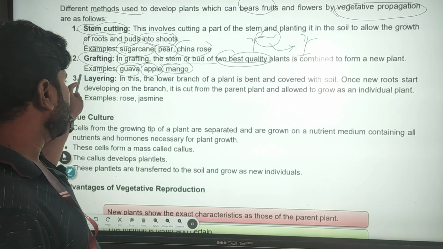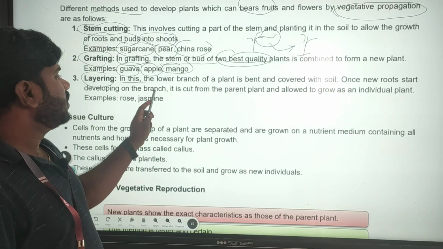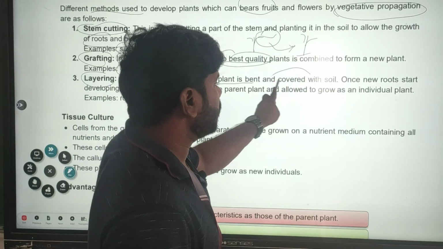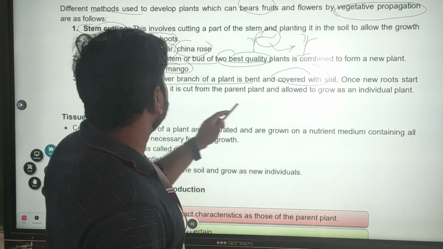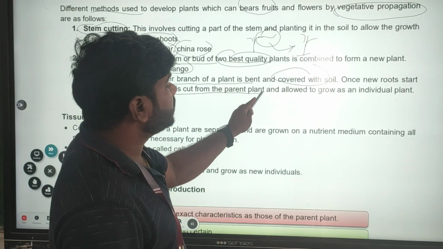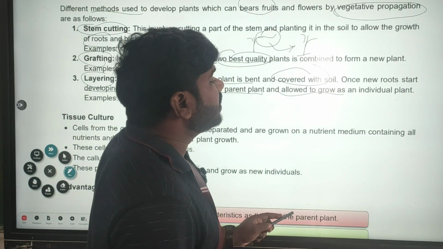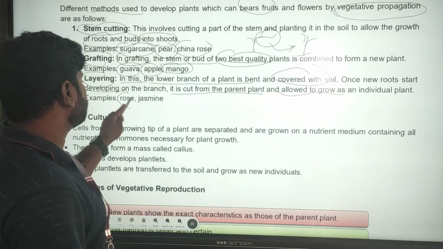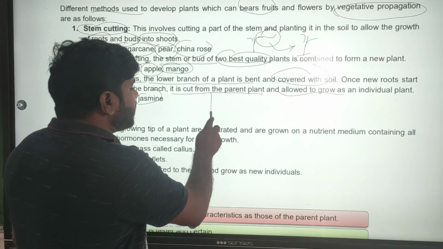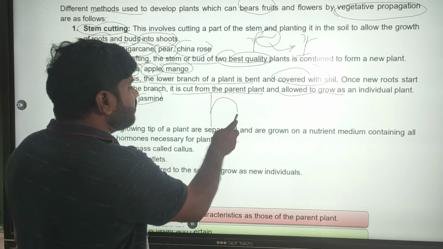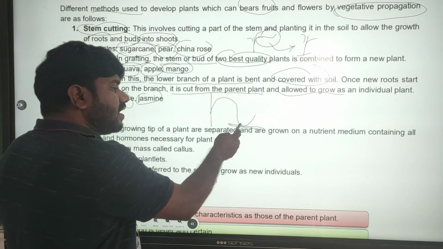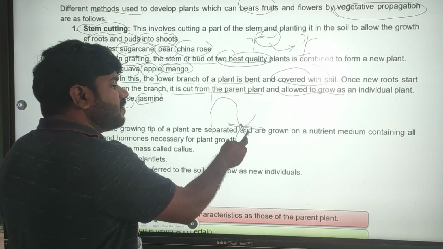Okay. Next, layering method. In this method, the lower branch of the plant is bent and covered with the soil. Once new roots start forming on the branch, it is cut out from the parent plant and allowed to grow as an individual plant, example rose plant, jasmine plant. So in this process, suppose this is the jasmine plant, this jasmine plant stem has to touch the ground, and whenever this stem touches the ground, root formation starts.